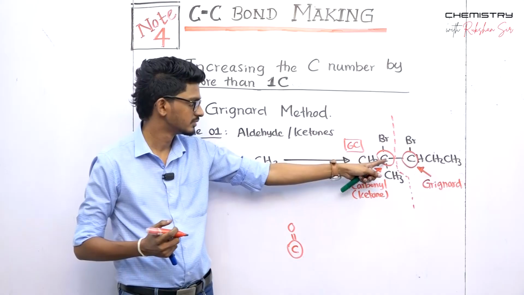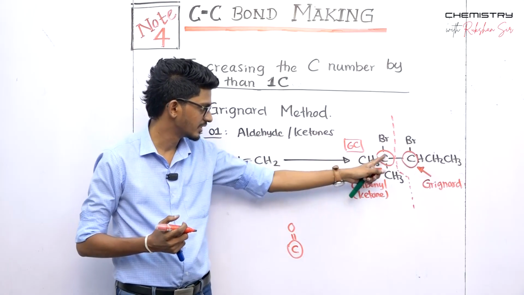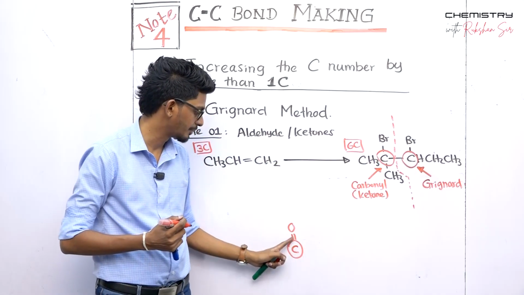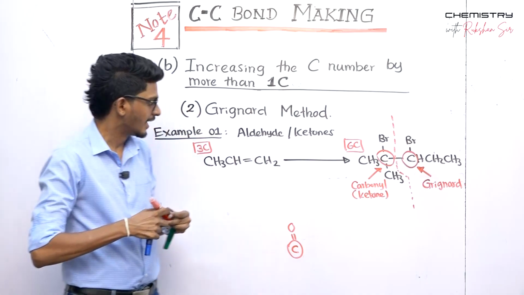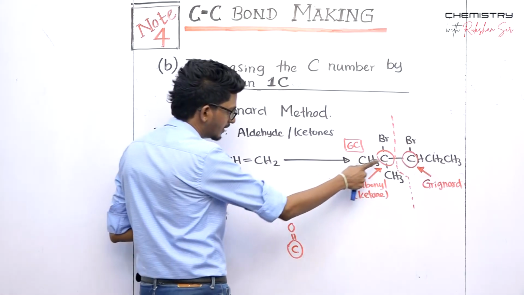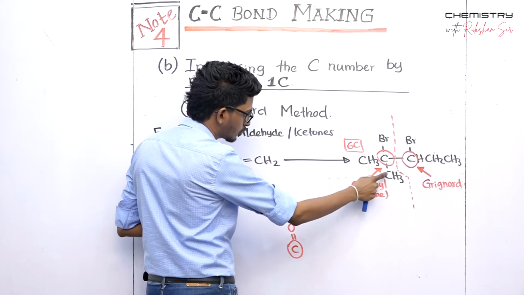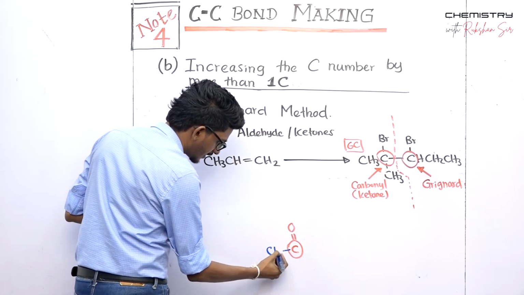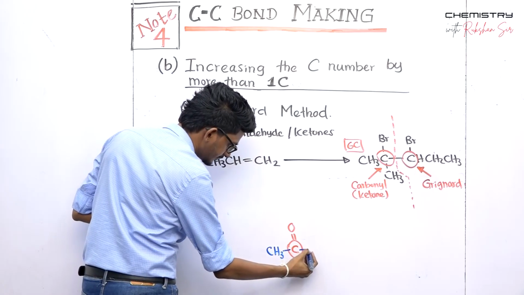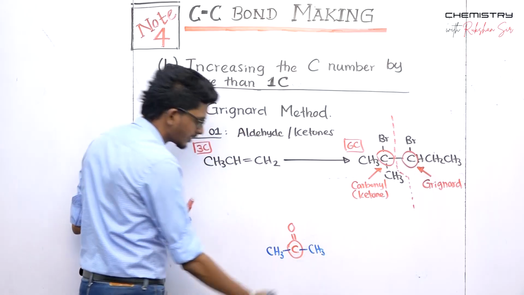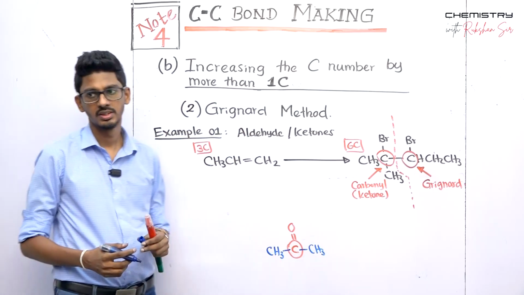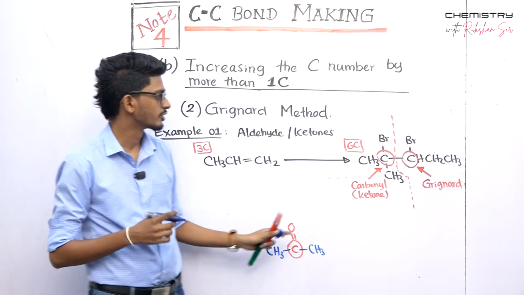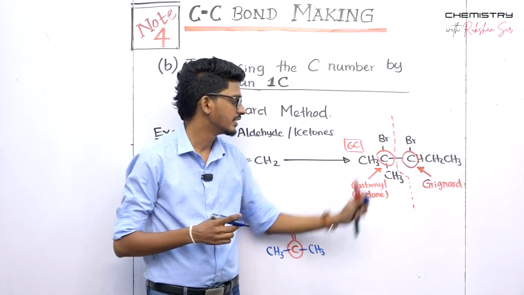The carbonyl functionality always comes with a double bond oxygen. And to that carbonyl carbon, two R groups are there, two CH3 groups. That is your carbonyl compound, which was responsible for making this carbon skeleton.